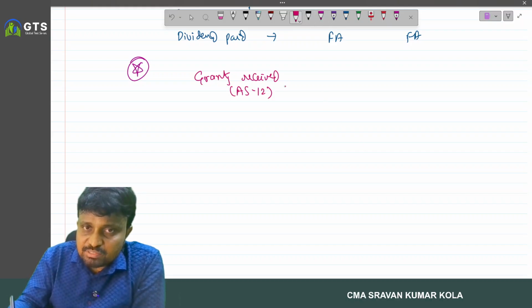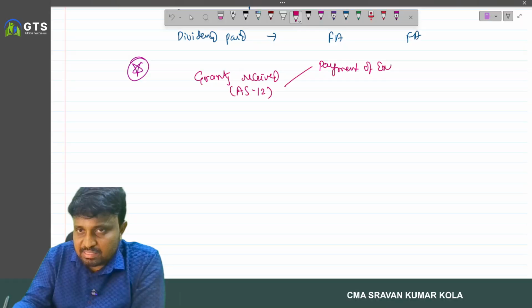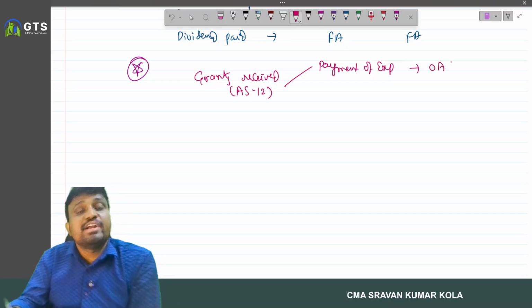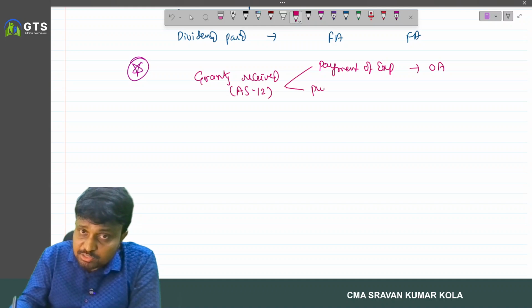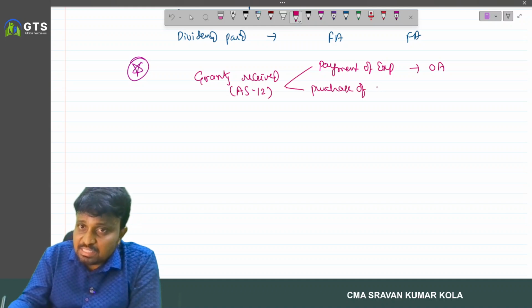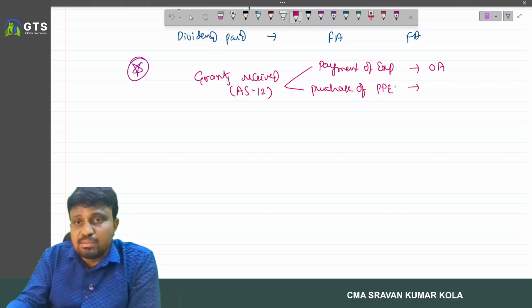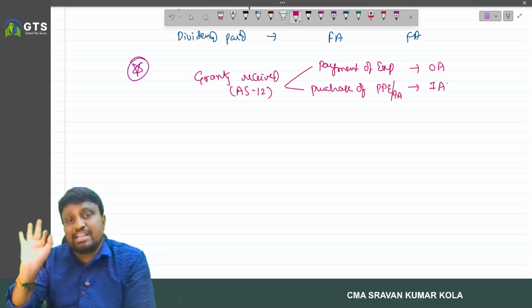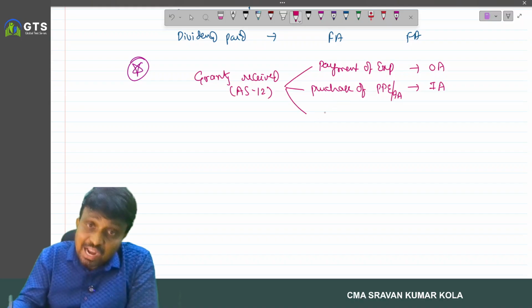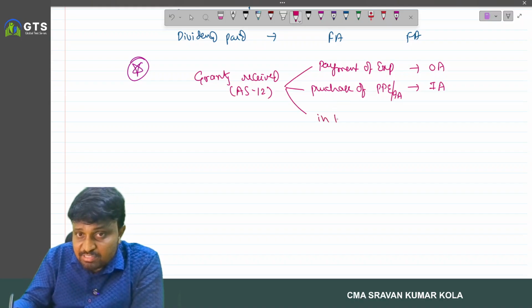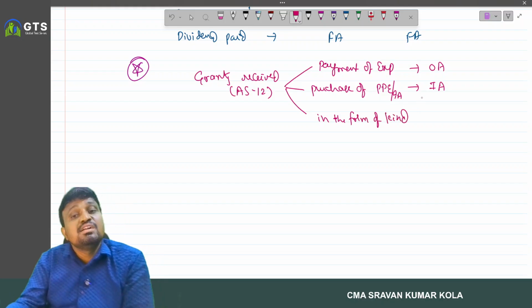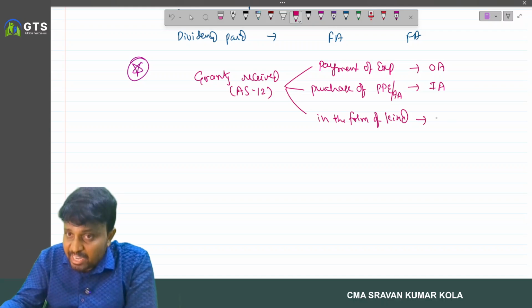Generally, grants received in relation to the payment of expenses are covered under operating activity, and in relation to the purchase of PPE or intangible assets are covered under what? Investing activity. And if the grant is received in the form of kind, remember it is not a cash transaction.